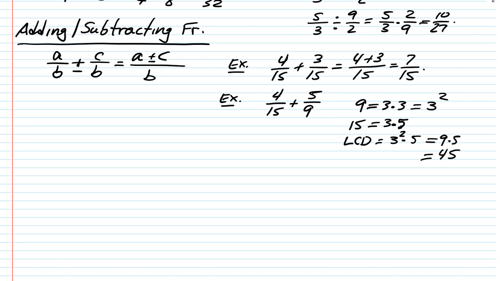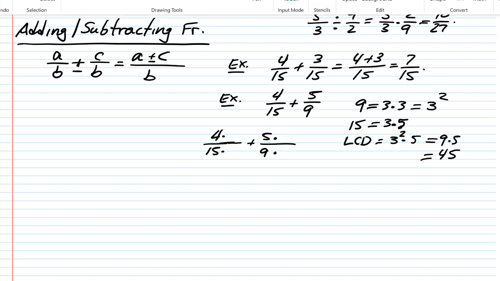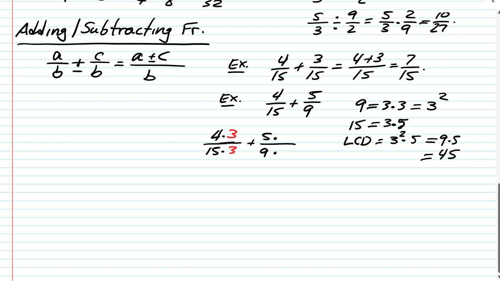Now, once we have identified the LCD of 45, we can actually build each fraction to the LCD. 4/15 plus 5/9. To build to the LCD here, I'm going to multiply top and bottom of this one by 3, and multiply top and bottom of the 9 by 5.